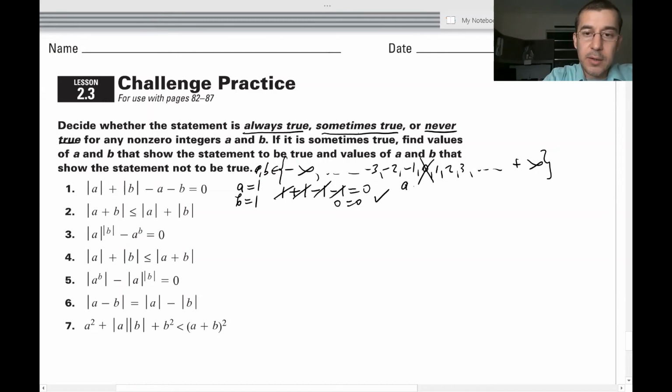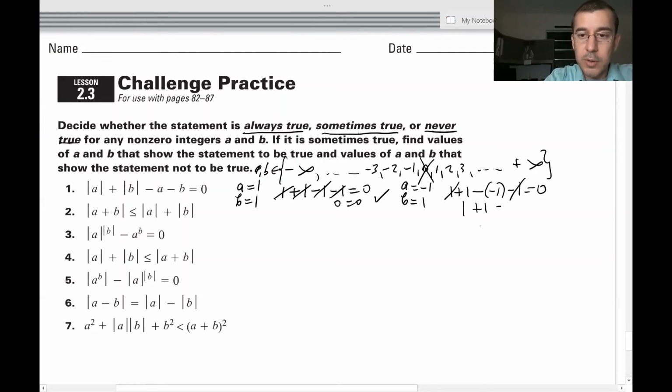So let's try a equals -1, b equals 1. In this case, absolute value of -1 is 1 plus absolute value of 1 is 1, then minus, now a is -1 minus b. So you can see right away that this is not going to be 0. So 1 and -1 cancel out, but here we have 1 minus -1 is +1.